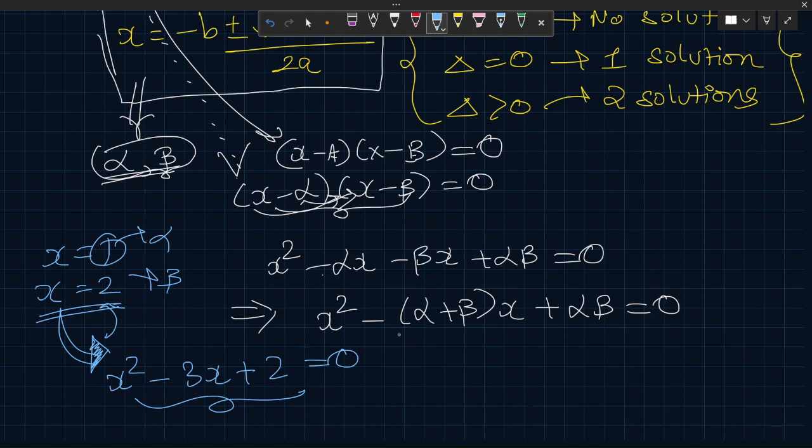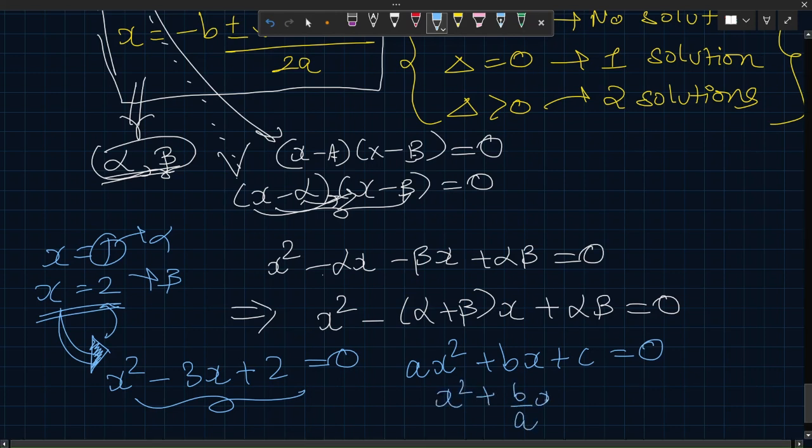Okay, but we have also told that any quadratic equation can be written in the form ax squared plus bx plus c equals 0. So if I divide this by a, I can say x squared plus b by a x plus c by a is 0.